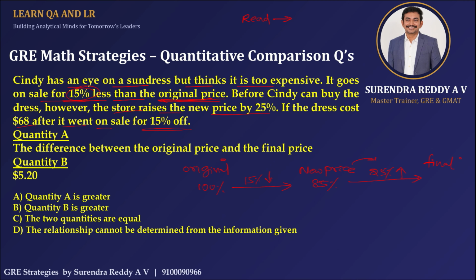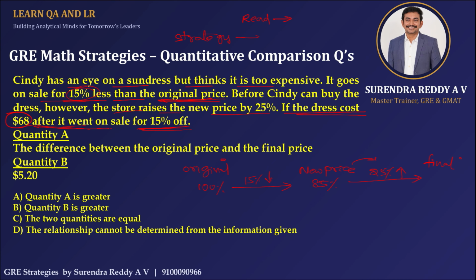What is that? If the dress cost $68 after it went on sale for 15% off, what is the strategy we'll follow in percentages? The strategy is to take any unknown thing as 100%. Instead of X, take it as 100%, as I did. Now this price is given as $68, which is numerically 68, percentage-wise 85%.